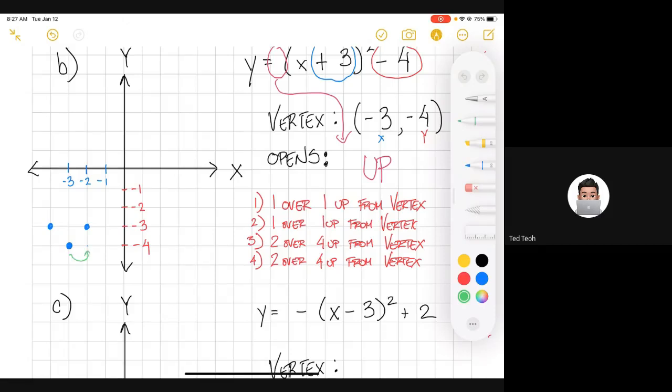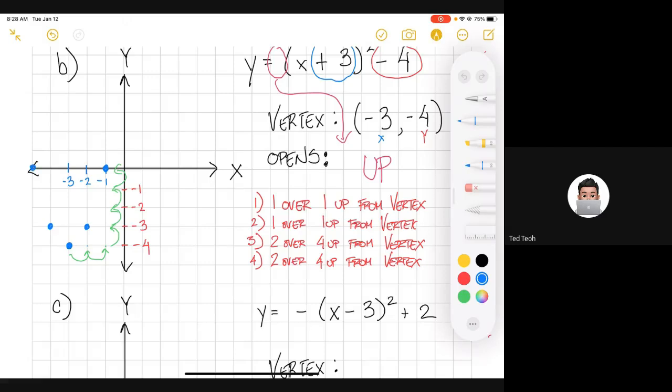So I'm going to go 1, 2, which brings me to this spot here. And I'm going to go 4 up. 1, 2, 3, 4. And if you want to draw the arrows, you can. All right. And you're going to do the same thing on the other side. You're going to go 1, 2 over to the left, and I'm going to go 4 up.